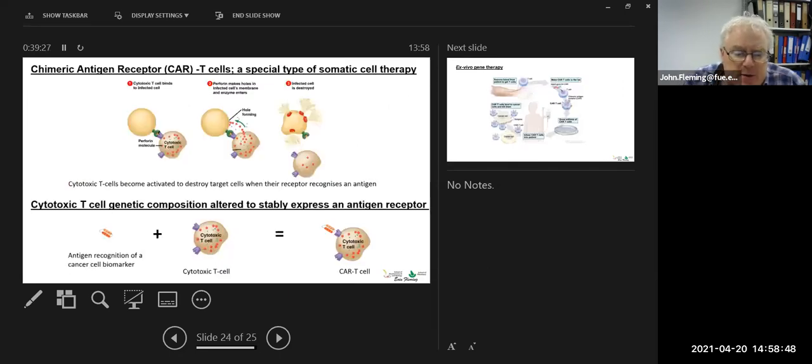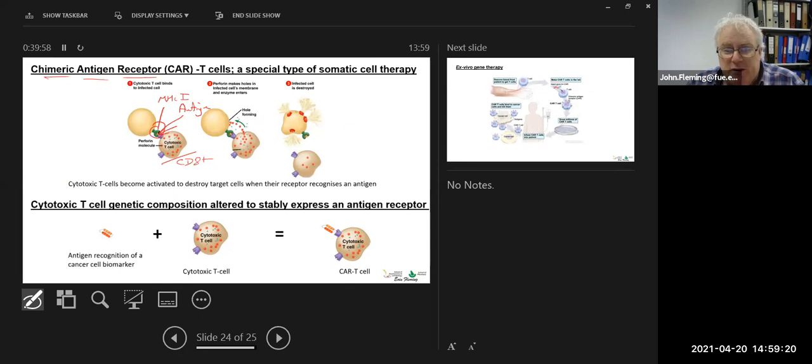The final type of engineered proteins that I want to talk about now are called chimeric antigen receptors. And these are based on the activity of CD8 positive cytotoxic T cells, which normally function through a T cell receptor to recognize and bind to microbial antigen, shown as the triangle here, being presented by an MHC class I molecule.